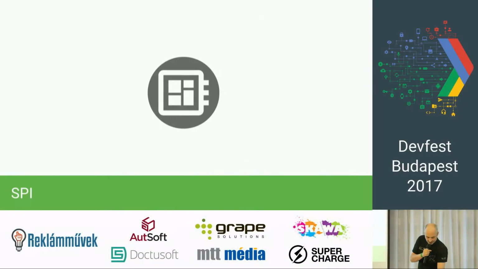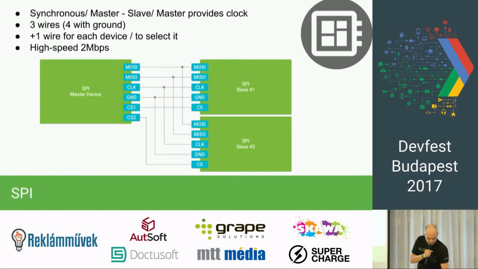So the next protocol, SPI, Serial Peripheral Interface. It's a bit different. There's a master, that's the same, and there are multiple slaves, but the slaves don't have an address. They have a chip select pin. So if a master wants to communicate with multiple slaves, then it has to address the slave it wants to talk to by changing the chip select pin.